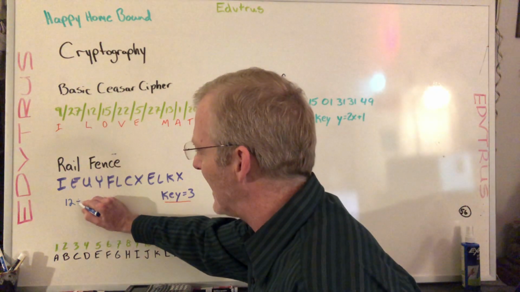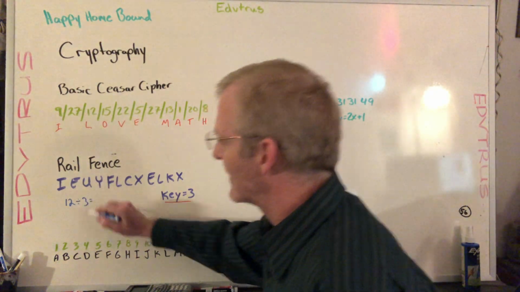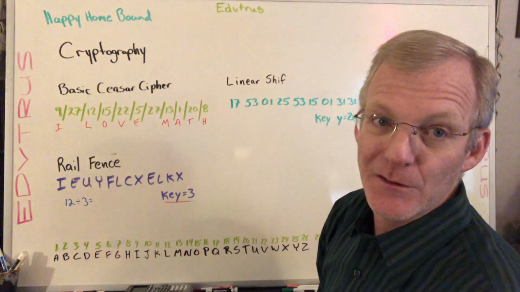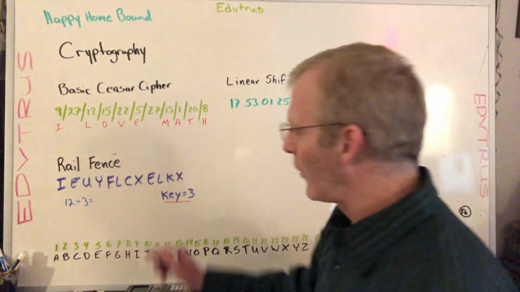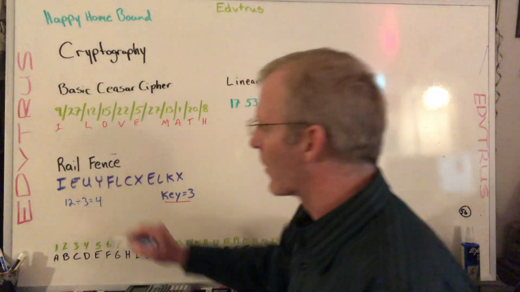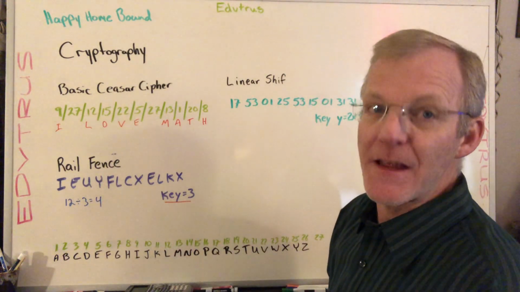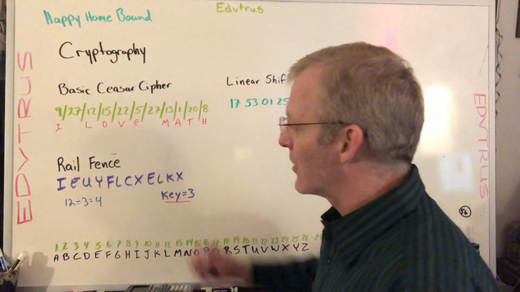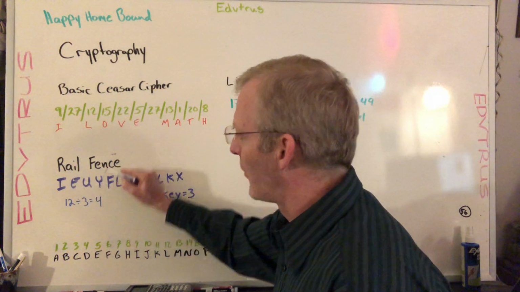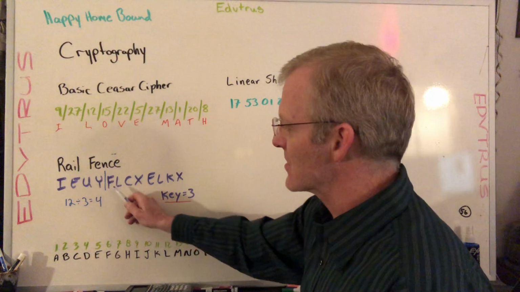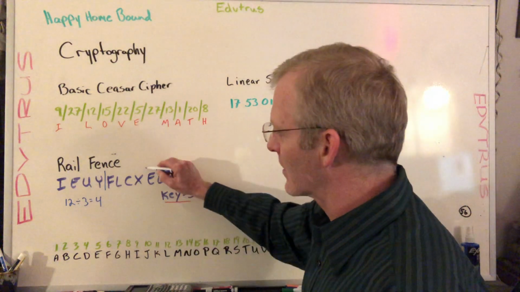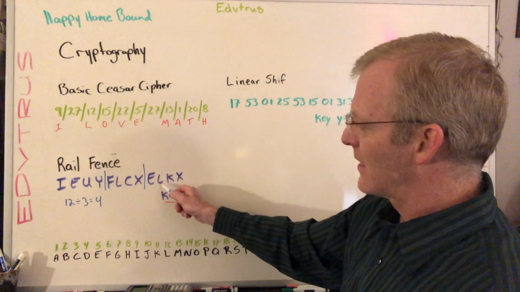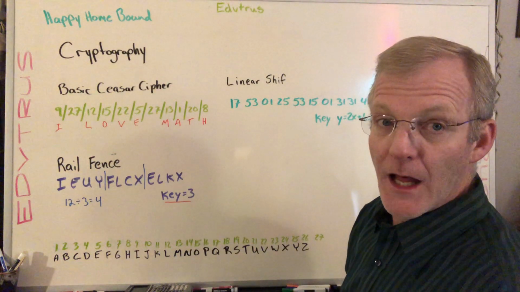So 12 divided by 3 gives us an answer. What is 12 divided by 3? Yeah, you know that one. It's 4. So 4 is how often you put a fence post. Every fourth letter, put a fence post. So we're going to count through. 1, 2, 3, 4, fence post. 1, 2, 3, 4, fence post. 1, 2, 3, 4, and we're done.